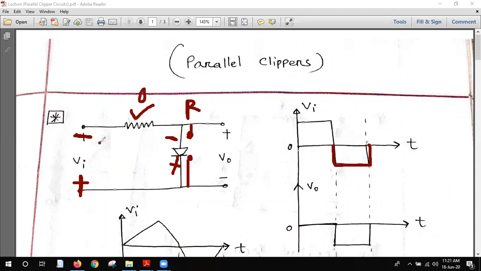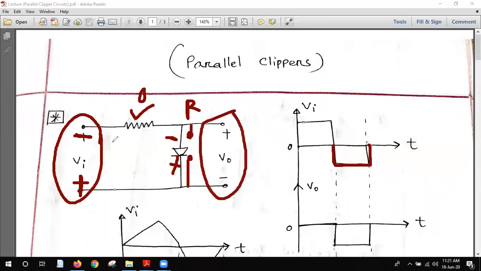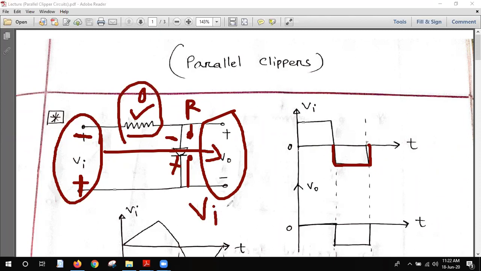So the whole input voltage will now be applied at the output. Whatever the input voltage, that will appear at the output terminal, because there is no voltage drop in this resistance. At that time Vi equals V output. So the output will follow the input.